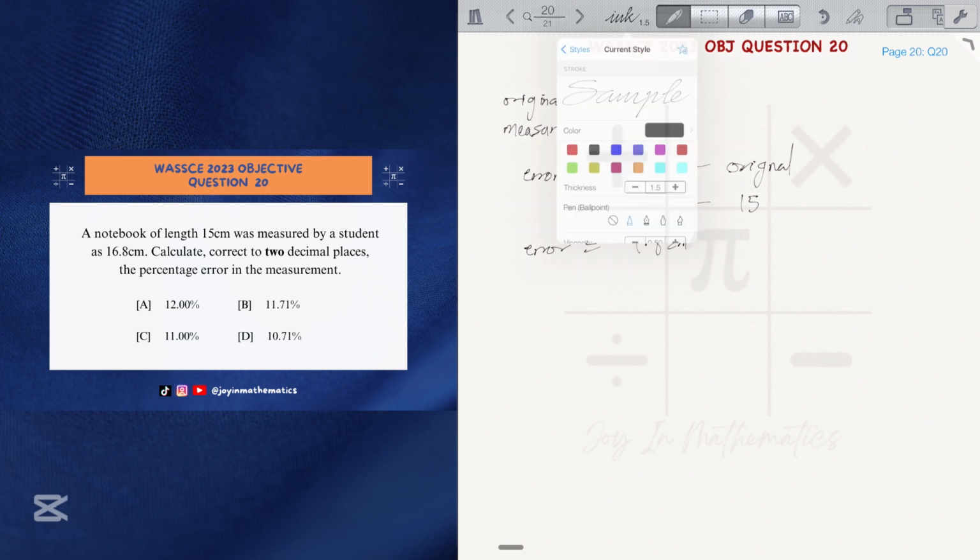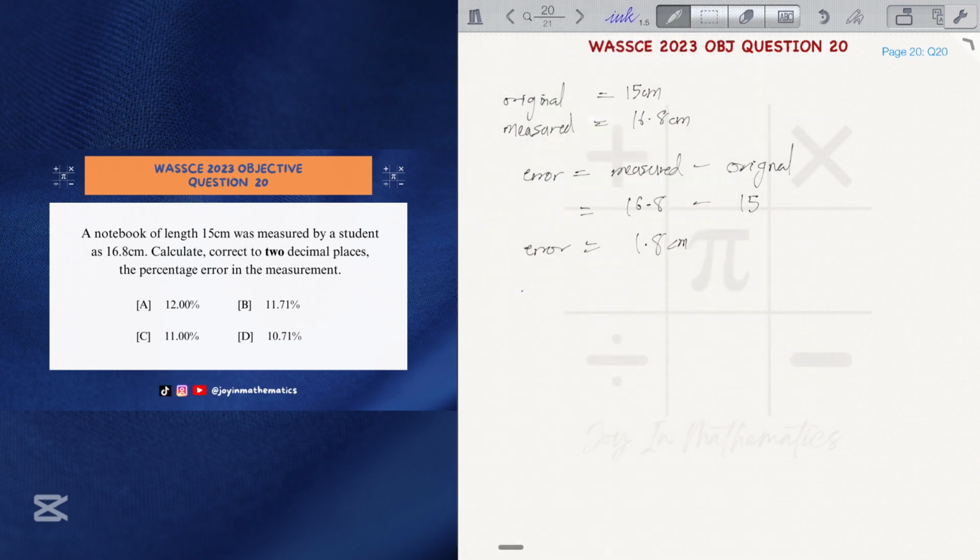So what is the formula for percentage error? Percentage error is given as the error itself divided by the original length multiplied by 100%. So if we implement this, we have that the percentage error is equal to the error itself, which is 1.8 centimeters, divided by the original, which is 15 centimeters.